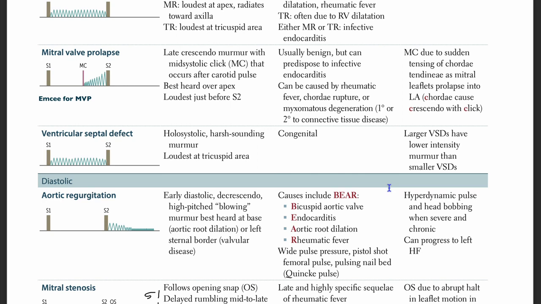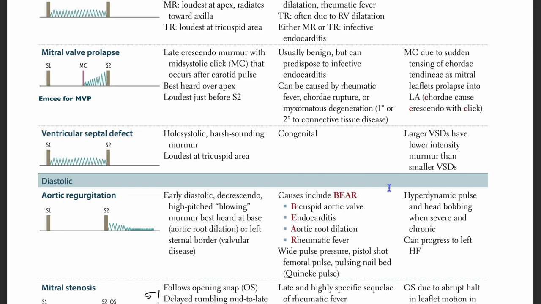Let me read from my notes. So for aortic stenosis, I have senile aortic stenosis due to dystrophic calcification by cell injury and death. Endothelial and fibroblast death. Infant bicuspid aortic valve.